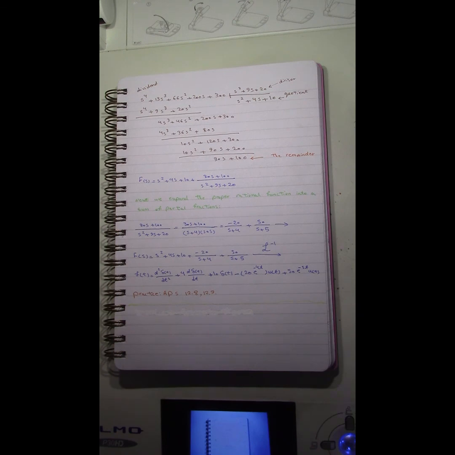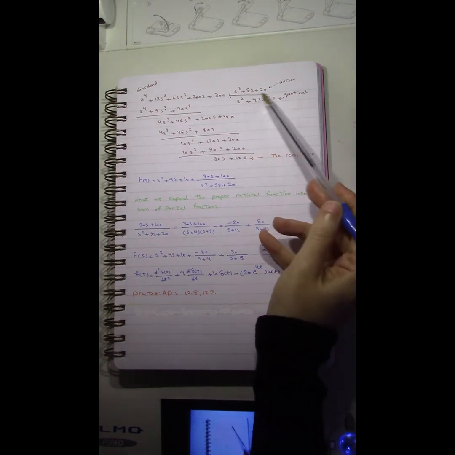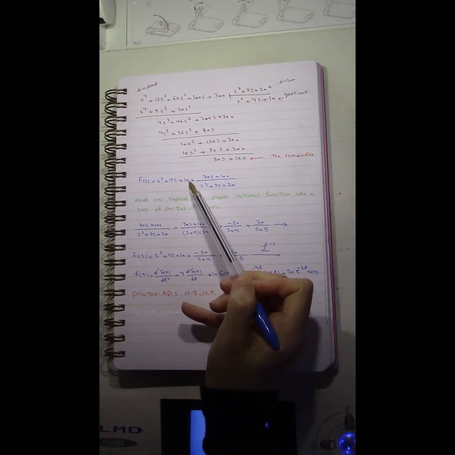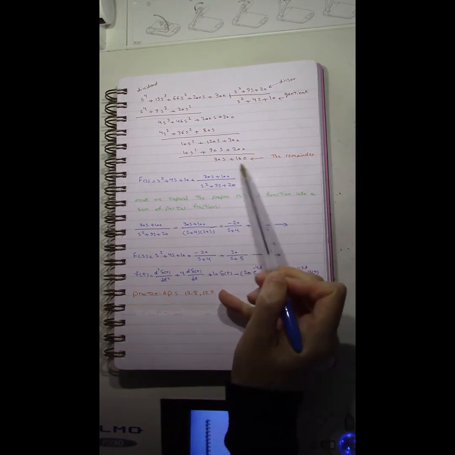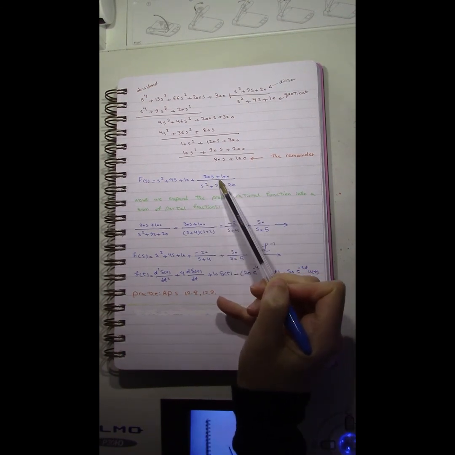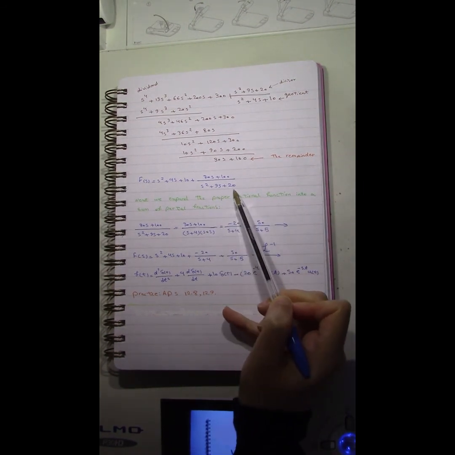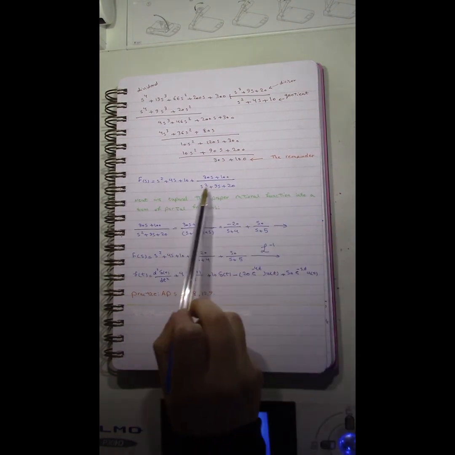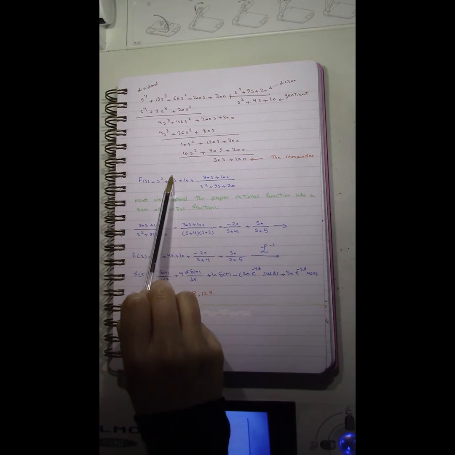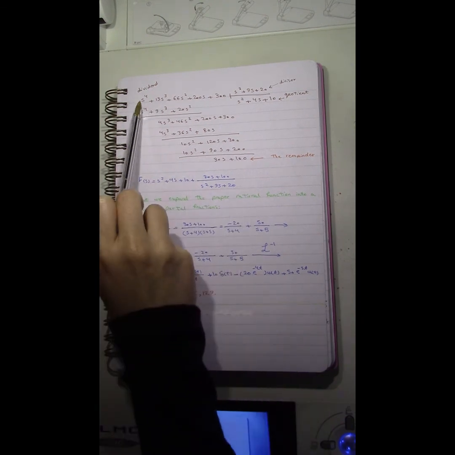Was it difficult? You got it? Yes? Questions? You have the quotient over here. You write it as S squared plus 4S plus 10, plus the remainder, which is 30 times S plus 100, over S squared plus 9S plus 20. So again, if you multiply this term by this and sum it, you will get this.